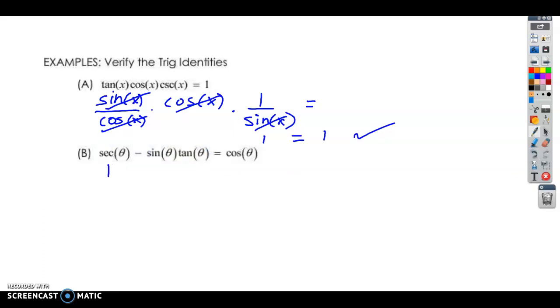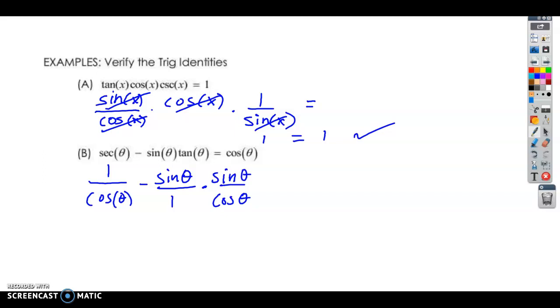And this just takes practice. So this is 1 over cosine of theta, minus, this is the sine of theta, and you can just put that over 1 if you'd like. And then tangent is sine over the cosine.